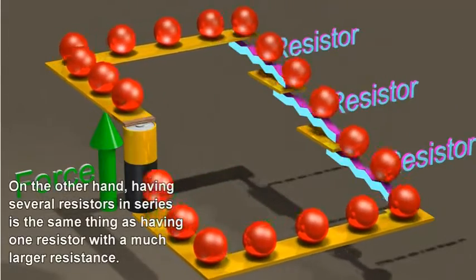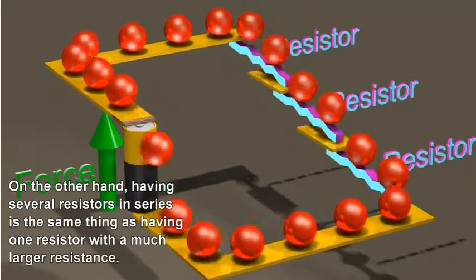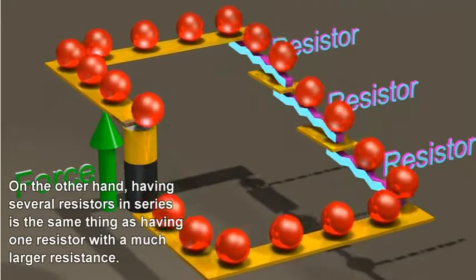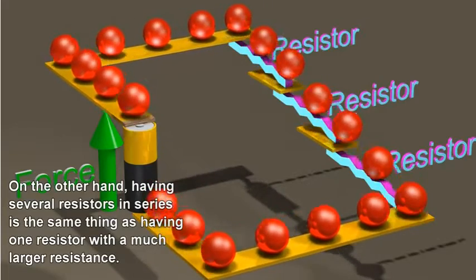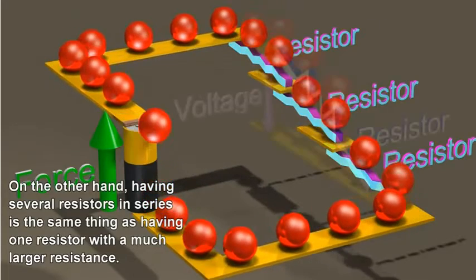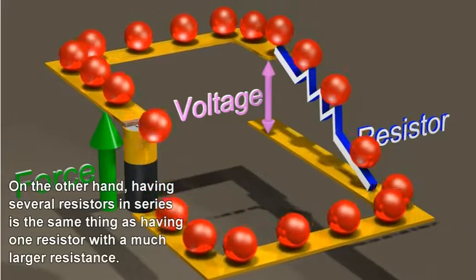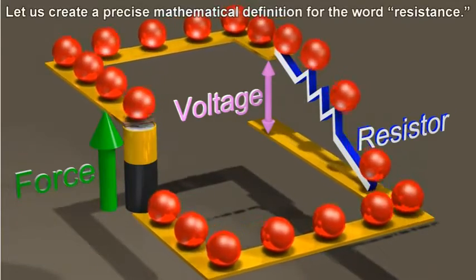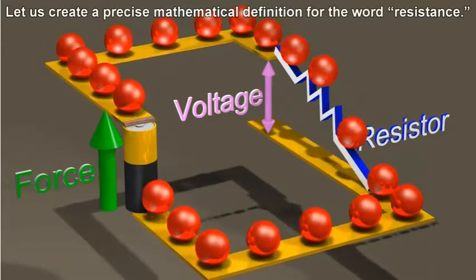On the other hand, having several resistors in series is the same thing as having one resistor with a much larger resistance. Let us create a precise mathematical definition for the word resistance.